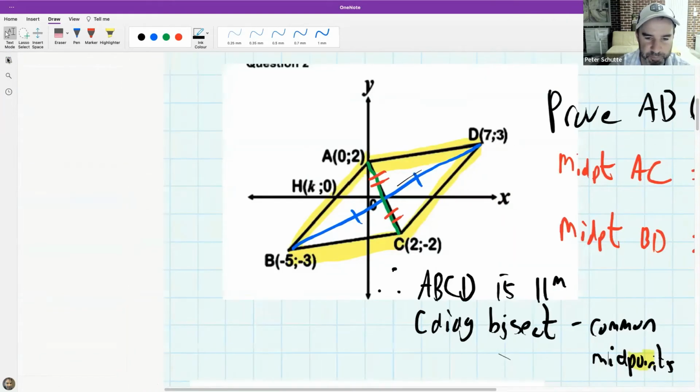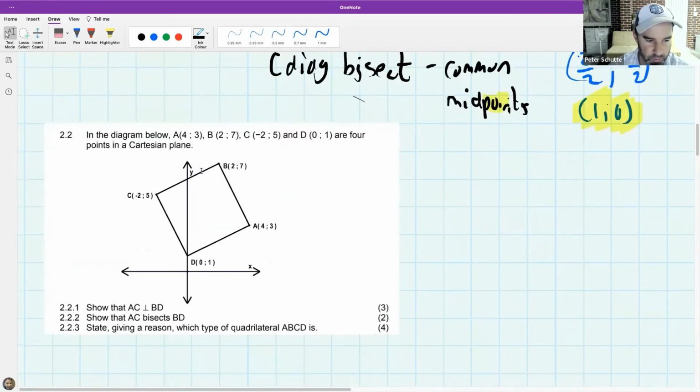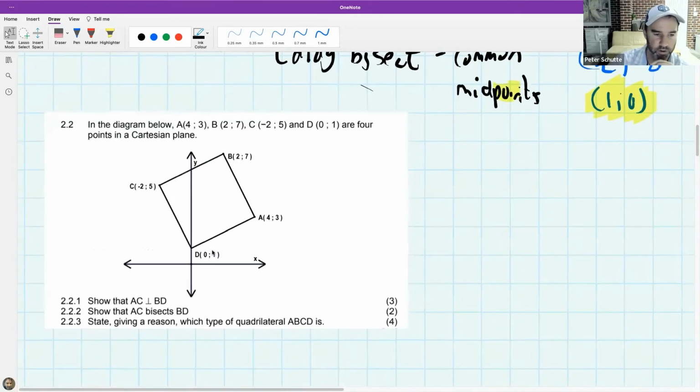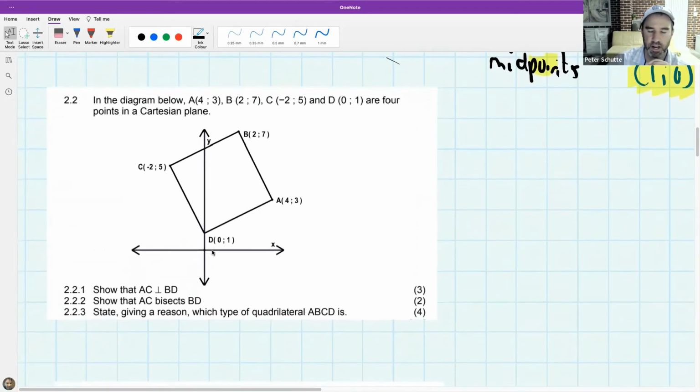Okay, so let's do the next part. So I want you to do this question for me. This is an old exam question. First of all, you have to show that AC is perpendicular to BD. So I want you to work that out whatever way you can. And then I want you to show that AC bisects BD, which I think you'll have an idea of from earlier on.